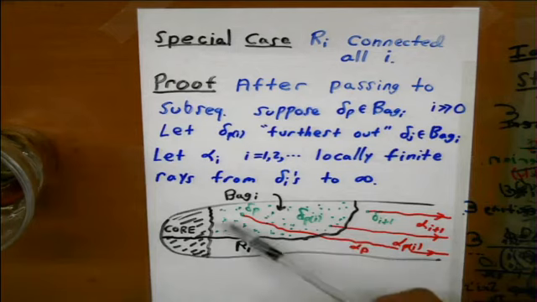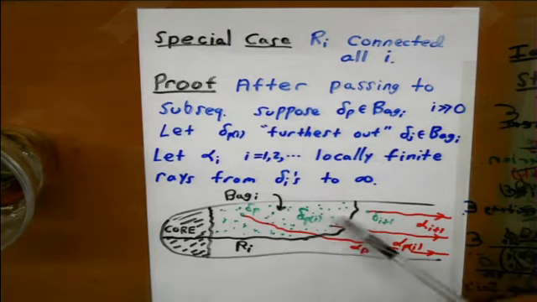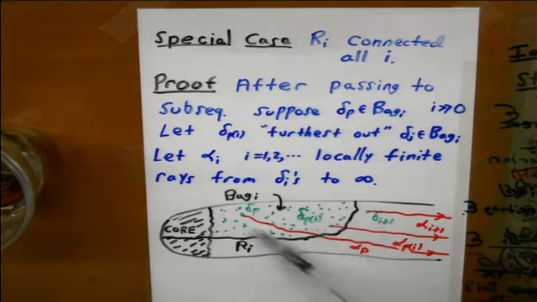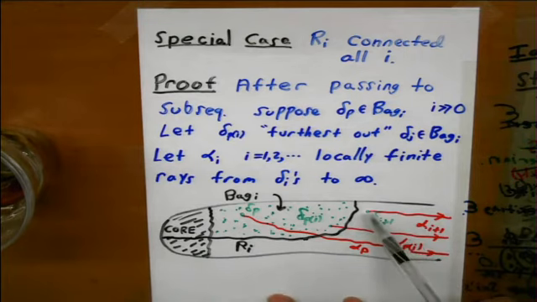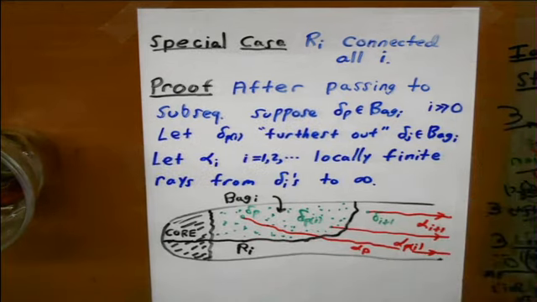And furthermore, the bag contains an awful lot of these geodesics. So any bag has this particular geodesic delta P, but then this furthest one out is called delta P sub I. On the other hand, there are geodesics to the far side, to the outside. Now to each of these geodesics, you can imagine drawing a ray going off to infinity, so you have a locally finite collection of rays.